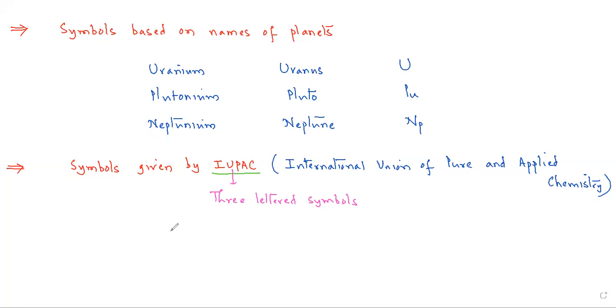First one, supposing the atomic number has a digit 0, we say nil. 1, we call it un.